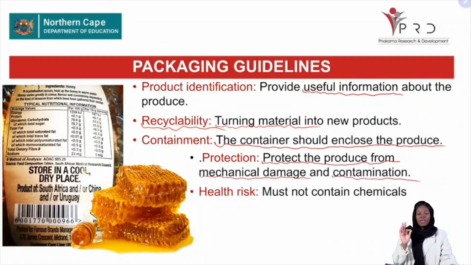Meaning, any package or material used should prevent any dust from entering the package or from contaminating the agricultural produce or the agricultural product. And the last one, the packages or material used must not contain chemicals. Why? Because these chemicals may be imparted to the produce or product.